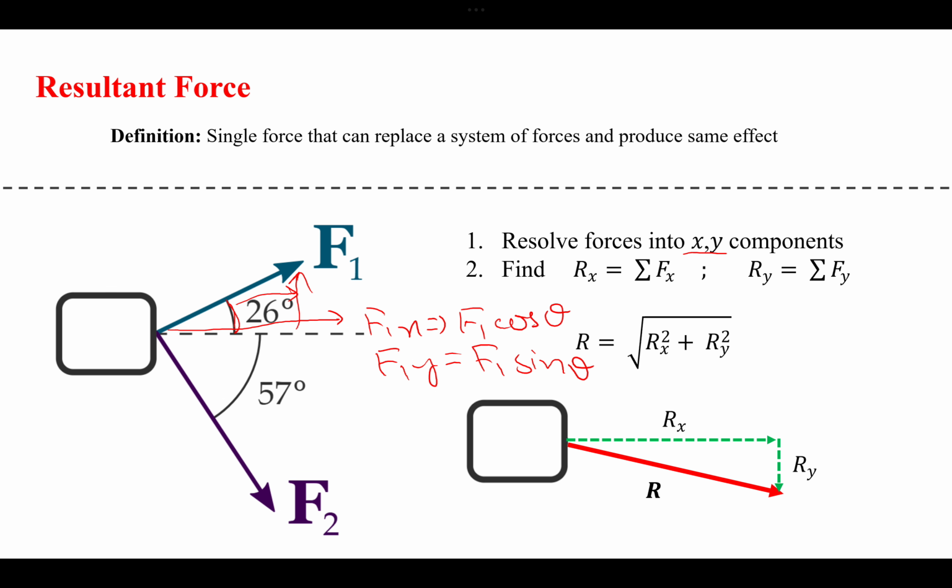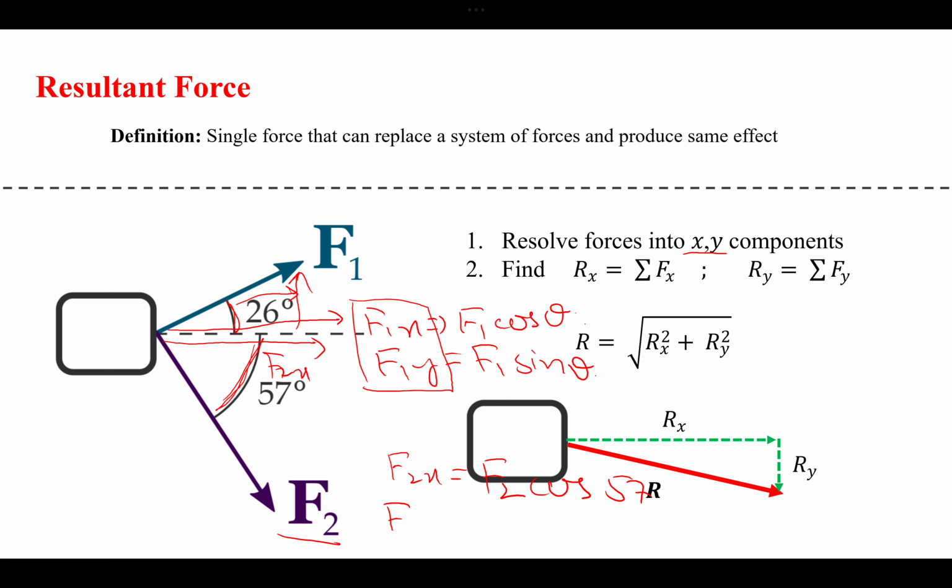In this case theta is 26 degrees in both cases, okay, because it is for F1. Alright, so these are the first two components that we calculated, and then we can move on to calculate F2x, which will be the x component of force F2. Okay, F2x will be equal to F2, and because it is adjacent to the angle 57 degrees, that will be F2 cos of 57.